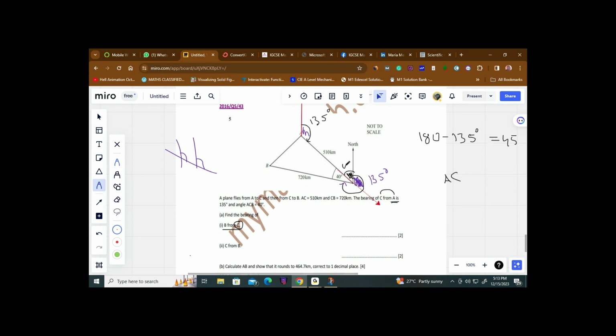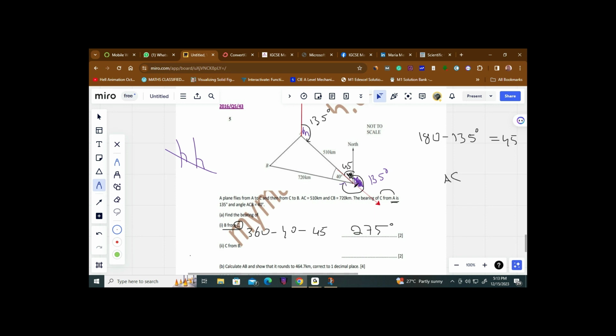So once I subtract 40 and 45 from 360, I'm going to get my angle as 275. So this is the bearing of B from C. And you can see that this is a complete reflex angle, greater than 270. So it is a reflex angle.